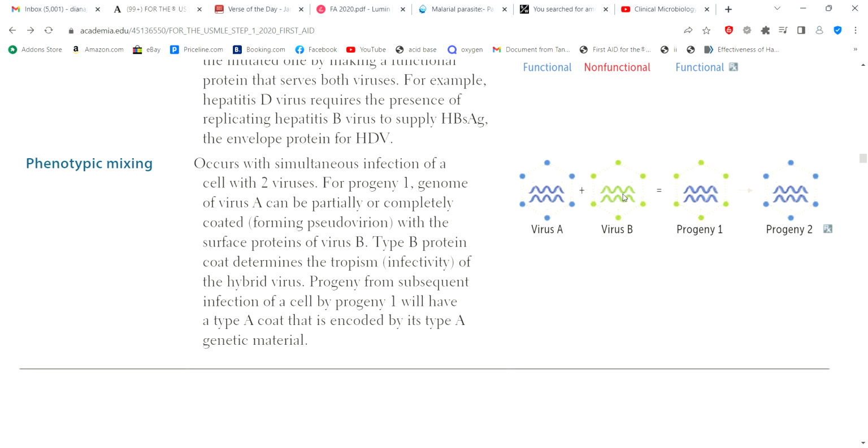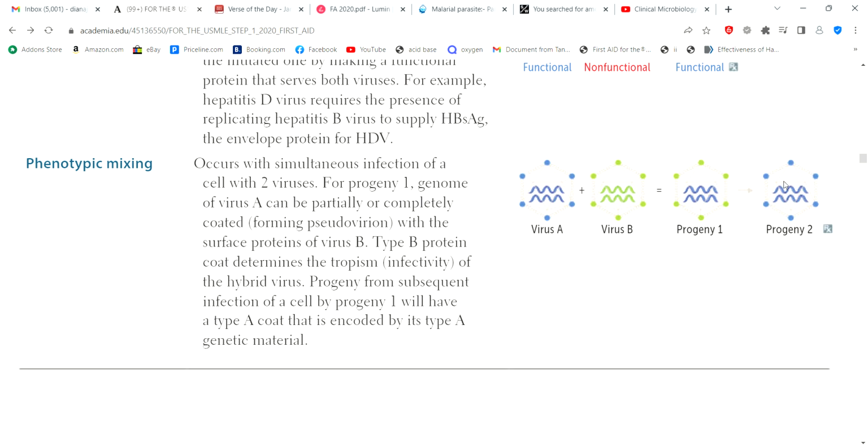At first, the virus A genome is transferred here, and then it's coded by virus B. Then when progeny 1 makes another child, the DNA is transferred over and the coat is of the first one, virus A. Or you can think of it like this: the genetic material transfers over, and the coat will be that of the DNA on the inside.